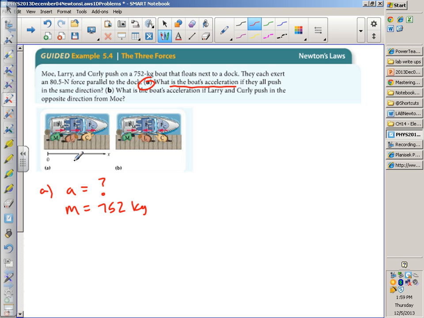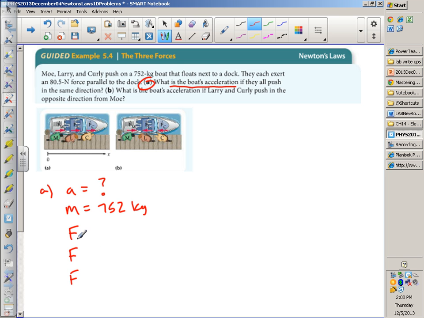If there are multiple forces that are acting on an object, this is what we do. We generally represent them all with F, except you can't have 3 F's, right? So we have to distinguish one from the other. So we usually use a subscript to distinguish one from the other.